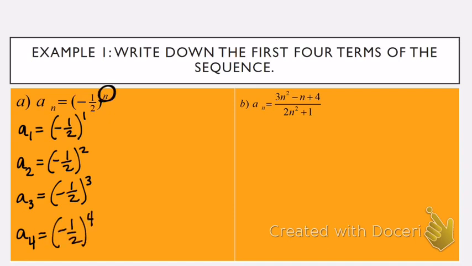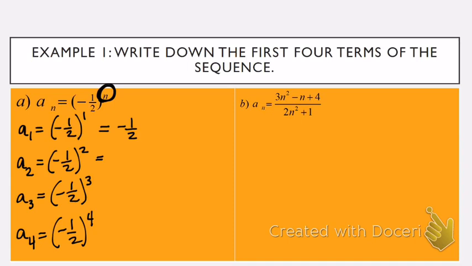N is right here in my rule, so I only plug it in where I see an n in the rule. And then I evaluate. So negative 1 to the first power is negative 1. Negative 1/2 to the first power is negative 1/2.